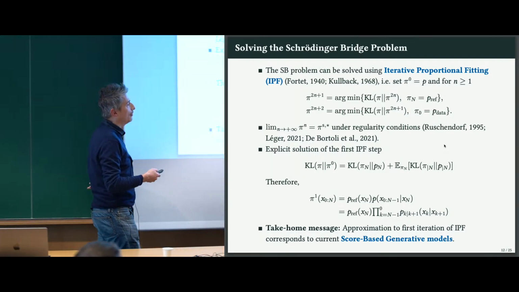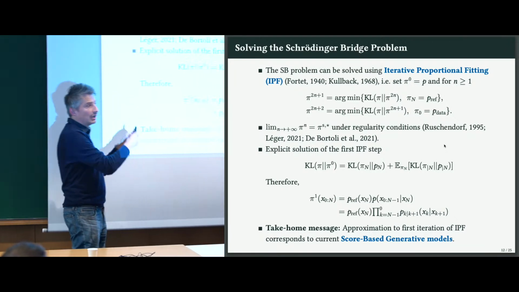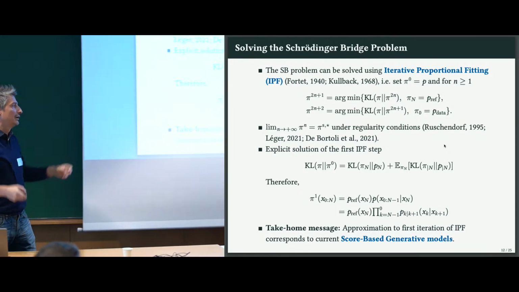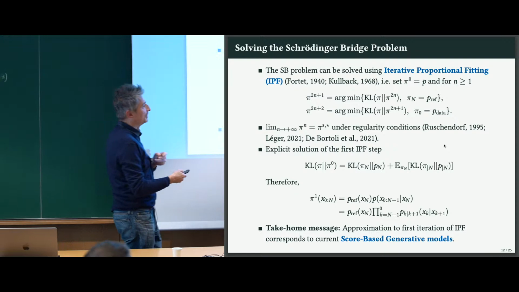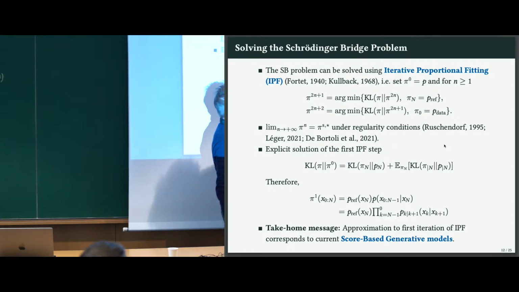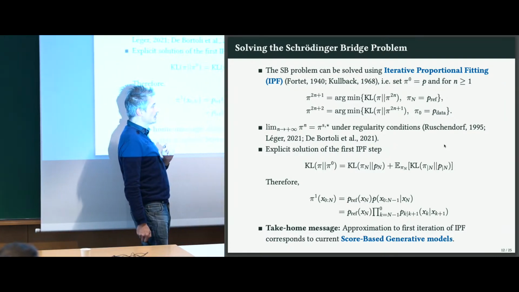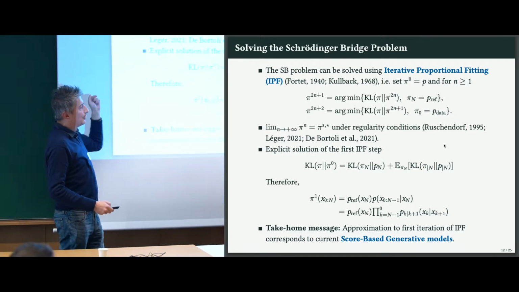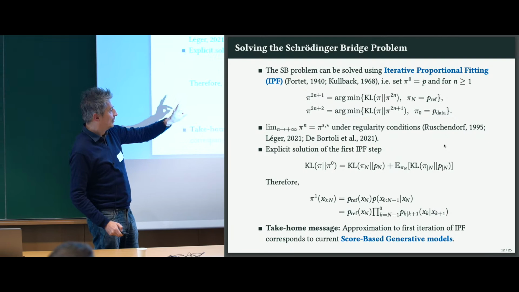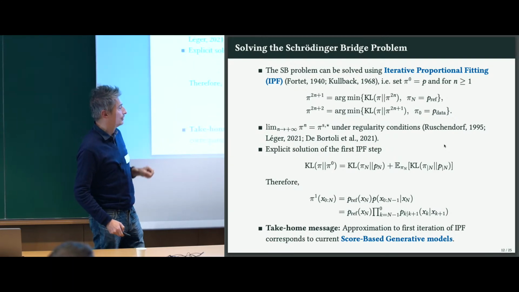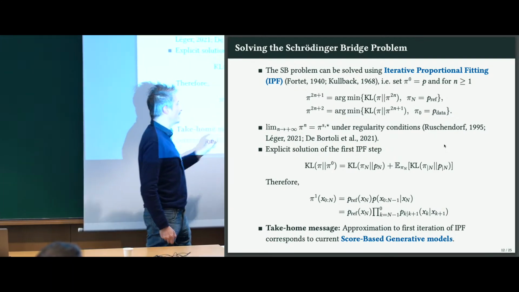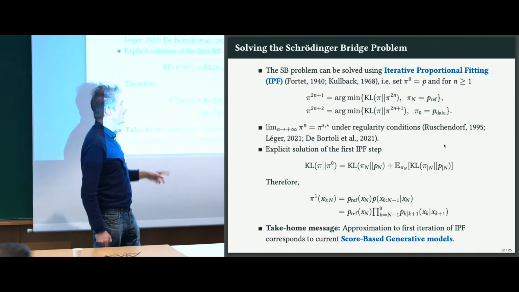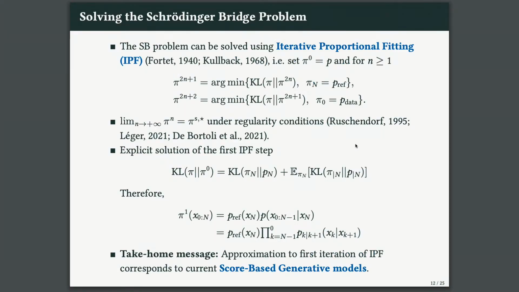By hand, you write that it is the joint distribution where time n is distributed according to the Gaussian, and then you add the forward dynamic, defining the backward transition kernel associated to pi 1 by time reversing the dynamic of pi naught, which is P.